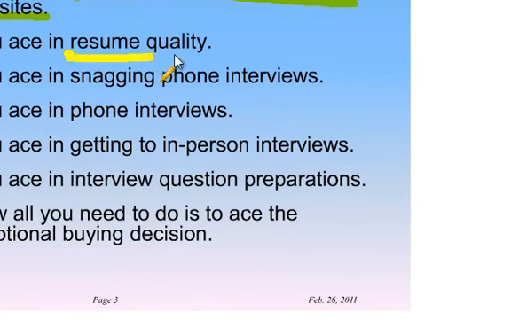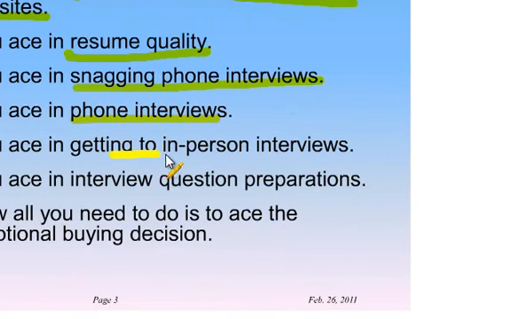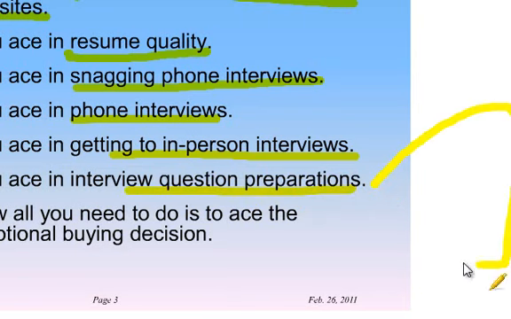And let's say we ace the resume quality. Let's say we ace in snagging phone interviews. Let's say we ace the phone interviews. Let's say we ace getting to the in-person interviews. And let's say we ace in interview question preparation. We even have inside information. We even know the people that we're going to interview with, their job titles, what they are looking for, what their culture is like.